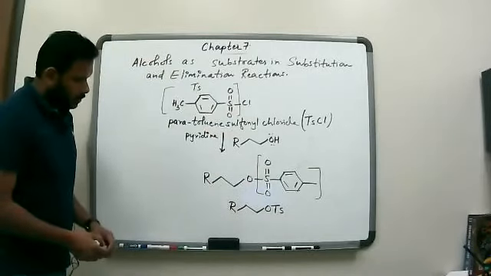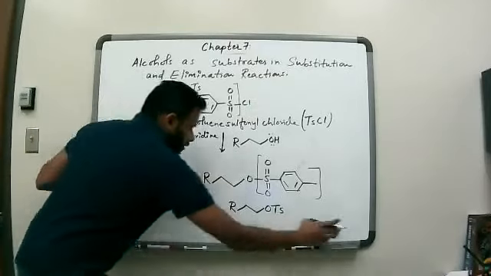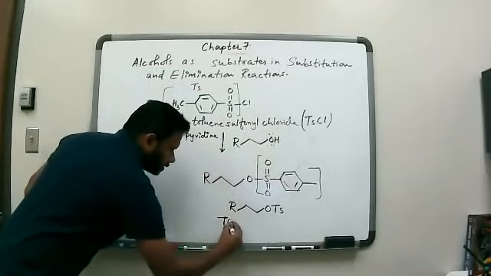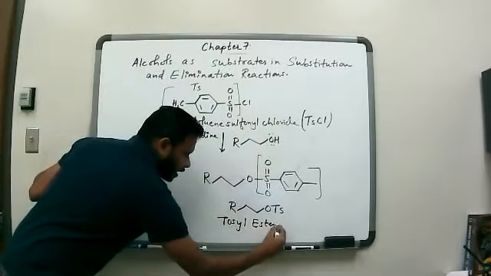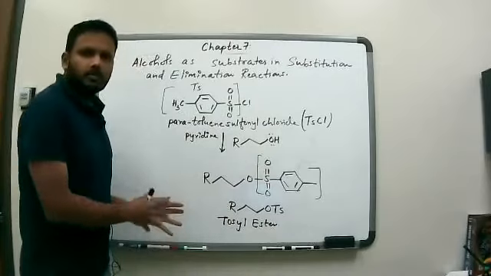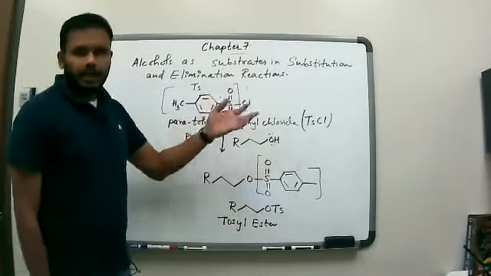Okay, so OTs, and the general name for a molecule like this is a tosyl ester. Okay, we call it a tosyl ester essentially, with some alcohol. So it's an ester of tosic acid.